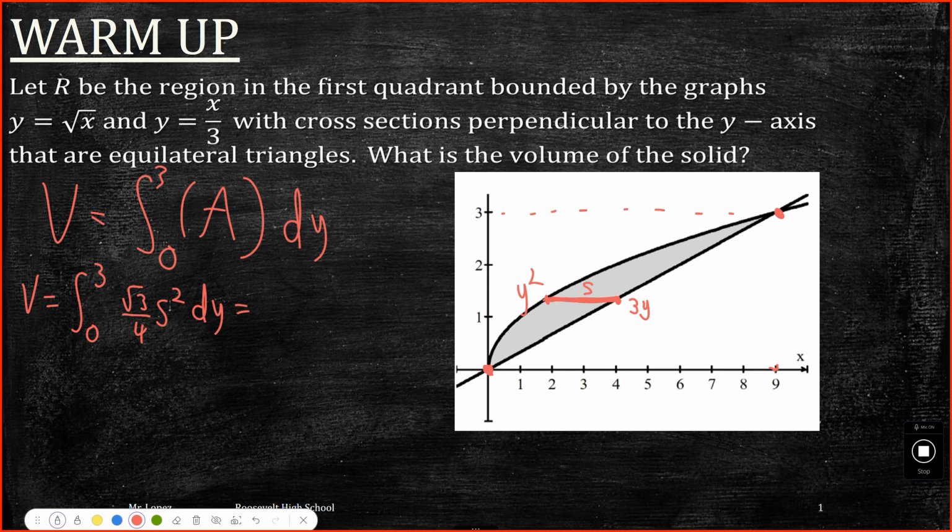So this goes from 0 to 3, square root of 3 over 4, could have factored that out already, s is 3y minus y squared, dy.